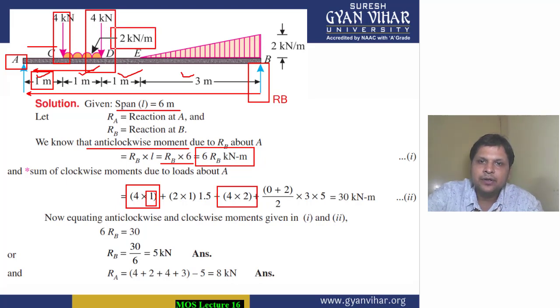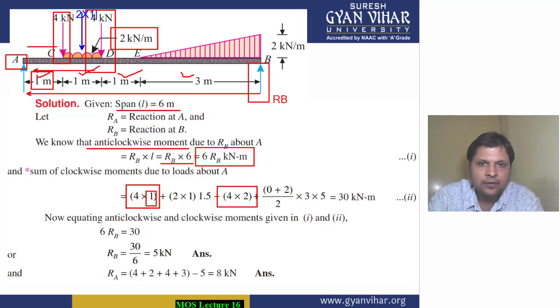And third is your uniformly distributed load of 2 kilonewton per meter. So the total load will be considered at its center. Center means, if the total distance of this UDL is 1 meter, we say that it can be converted into a point load of 2 kilonewton into total distance on which it is acting, which is 1.